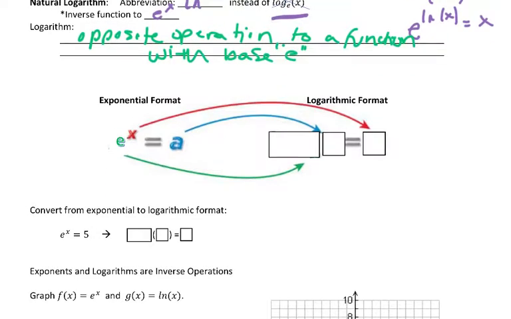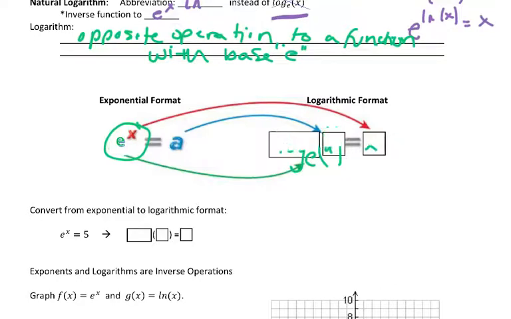So taking a look at our exponent format, again, you see e to the x like I've shown earlier in the examples. In order to rewrite this, we're going to rewrite it as log, technically, base e of a, and that's going to equal x.